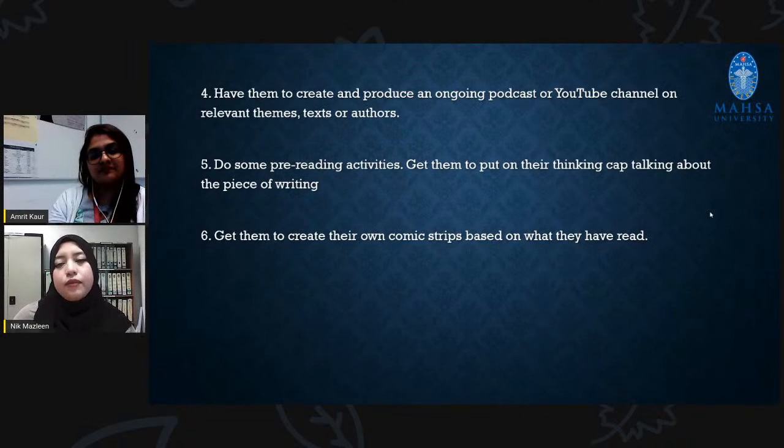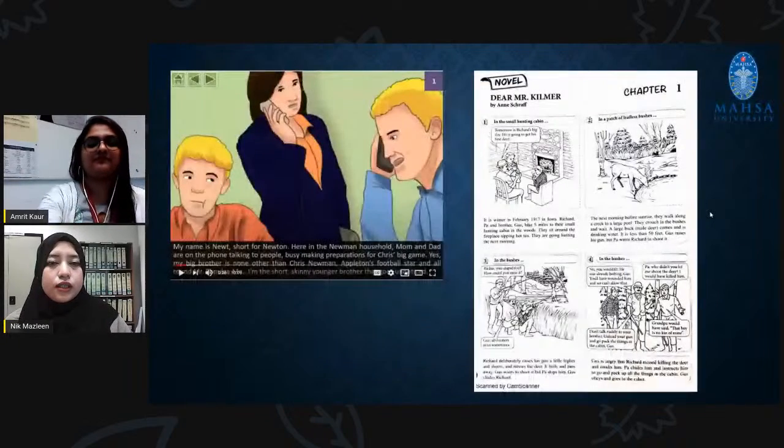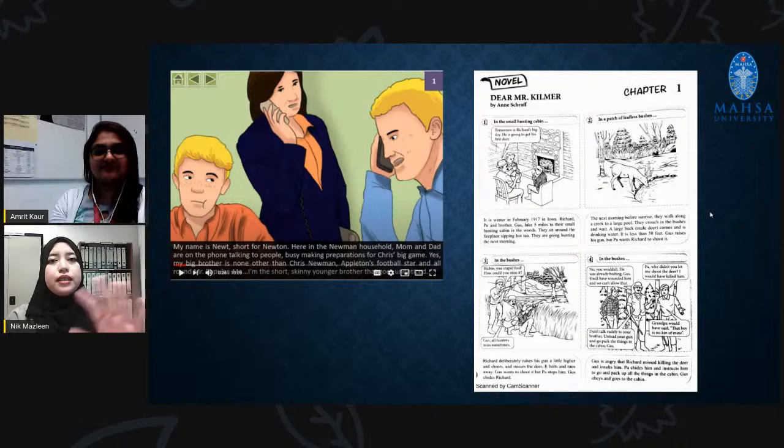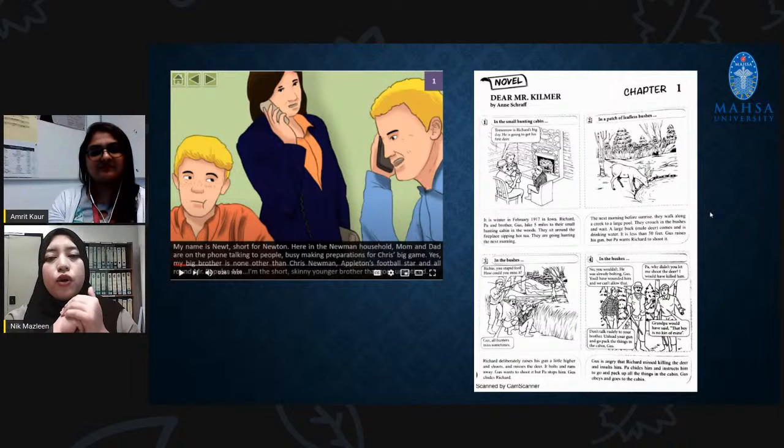You can ask them to sit in groups and discuss how to create the comic strips. If you move on to the next slide, you can see a few examples of video or comic strip. On your right is an example of a comic strip for a novel titled Dear Mr. Kilmer.